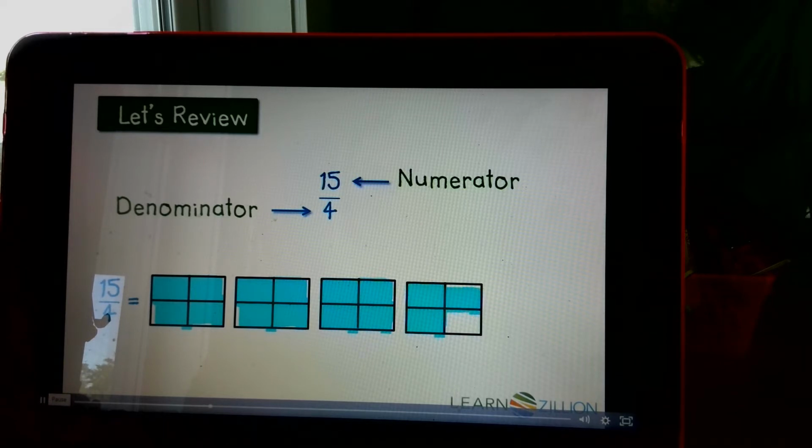We need to count each individual part to determine how to represent the fraction. So if we were to name this mixed number, it would be 3 wholes and 3 out of 4 parts. You should have also practiced this a little bit before we got out of school. You would divide this to get 3 3/4. This is just explaining the visual.